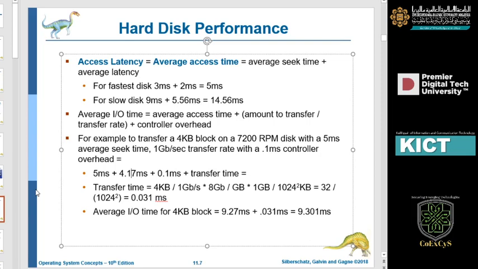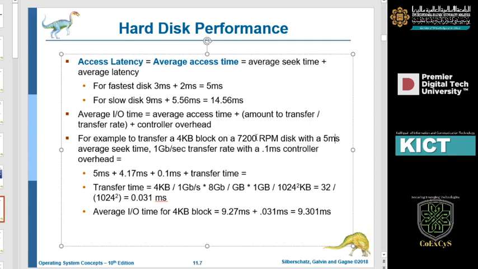So you can calculate 5 millisecond, which is the average seek time. Access time equals average seek time plus the average latency, so plus 4.17 millisecond, and 0.1 controller delay.